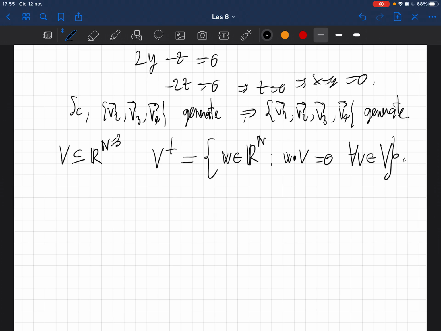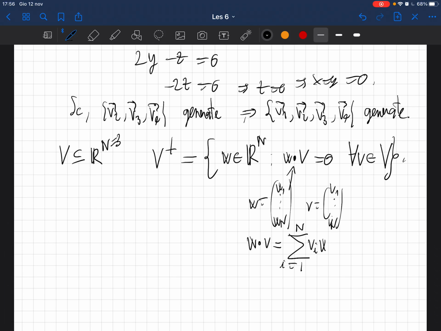And the scalar product here, if W is this vector and v is this vector, is just the sum of the products of the components.